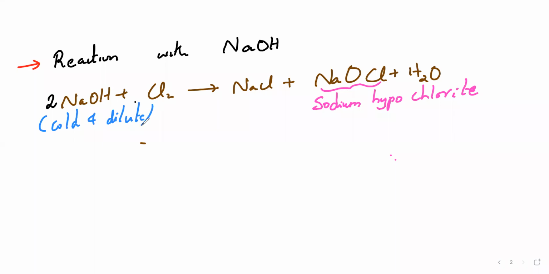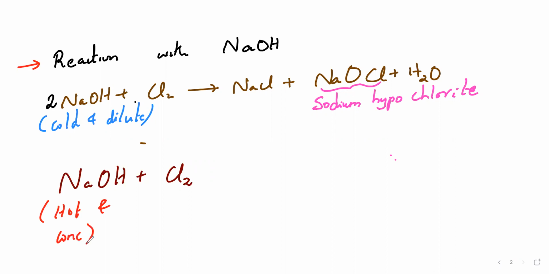Same thing if I use hot and concentrated NaOH, I'll write down the next one. NaOH and chlorine, where here the NaOH is hot and concentrated. What I will be getting is NaClO3.